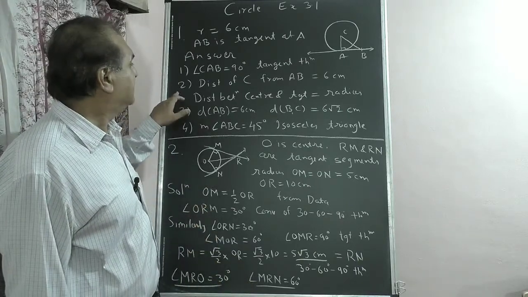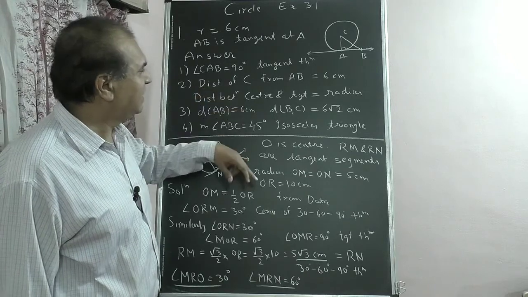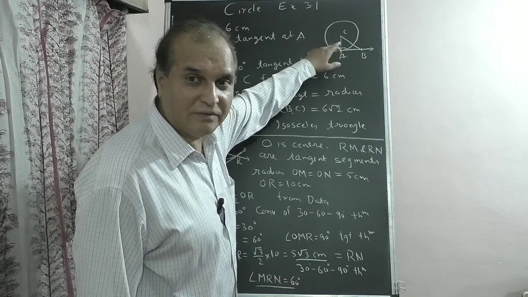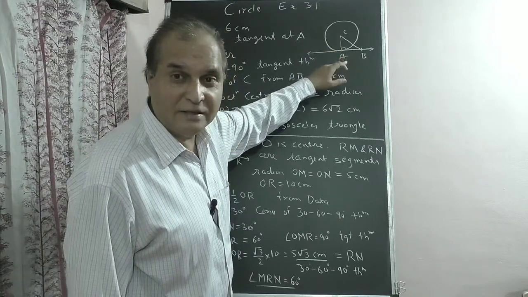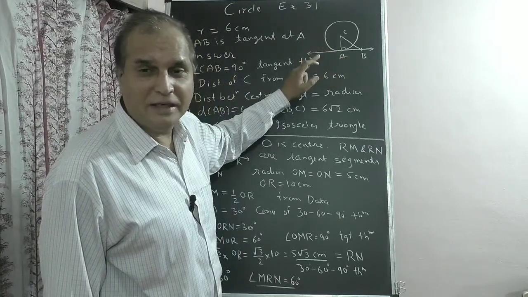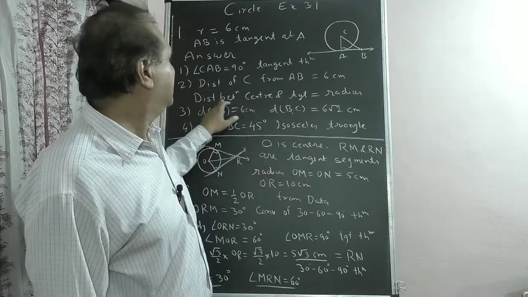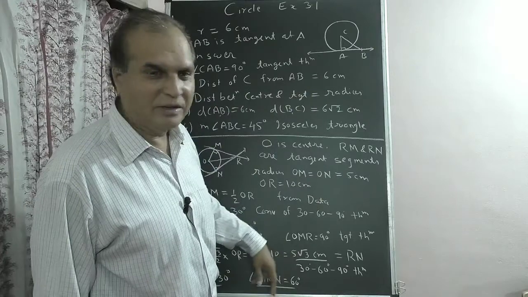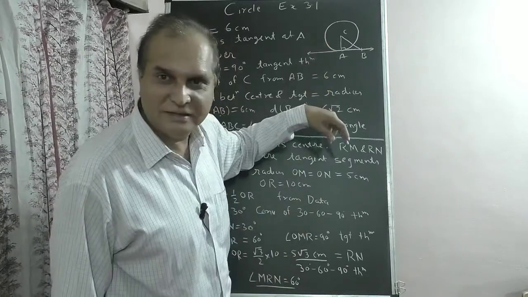Now second question, distance of C from AB. The distance of the center from the tangent is the radius. It is the perpendicular distance. So that is 6 centimeter only, that is radius AC.